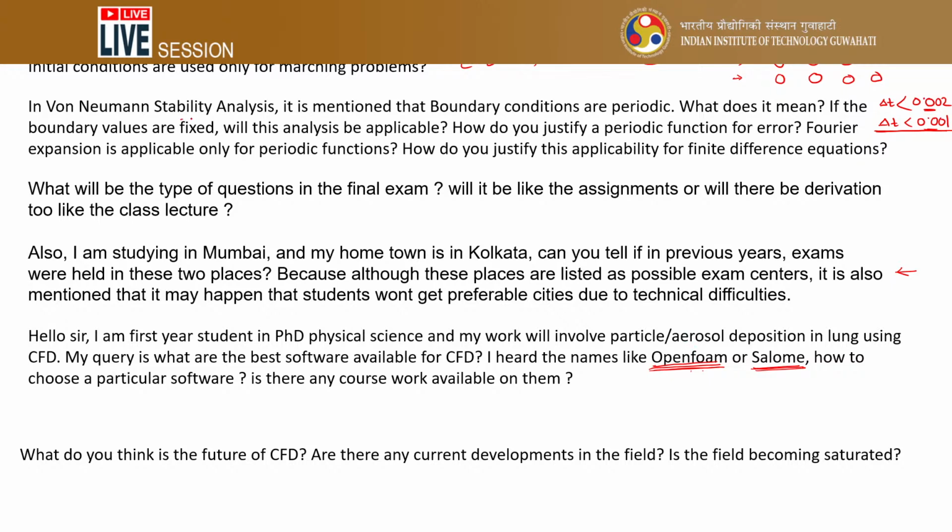About the von Neumann stability analysis, whatever I discussed about the periodic boundary conditions: if there are circular cylinders placed in an inline manner with the same distance between two cylinders, then instead of solving the whole problem to know the flow physics, you can just take one unit of this cylinder.